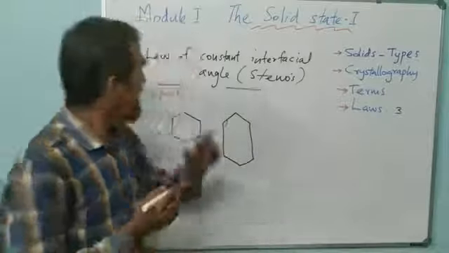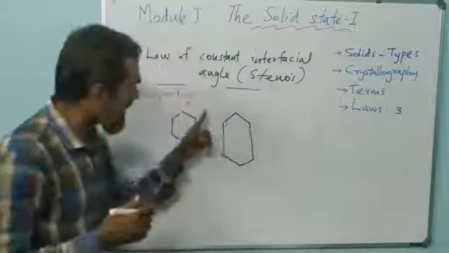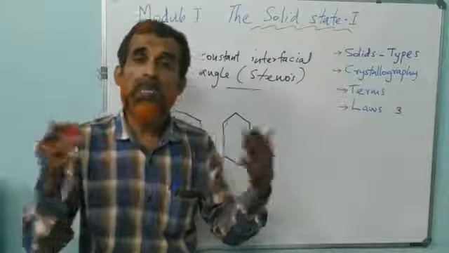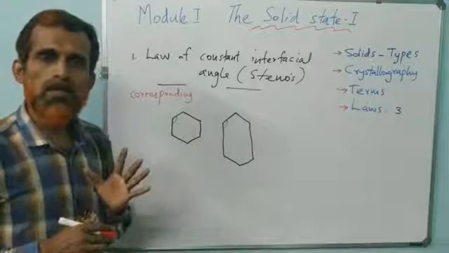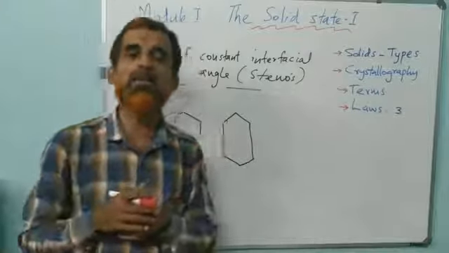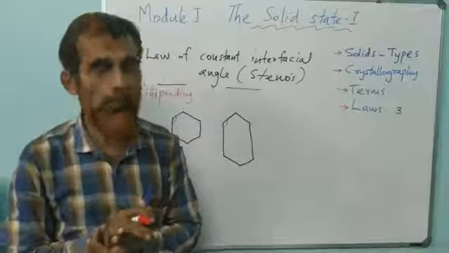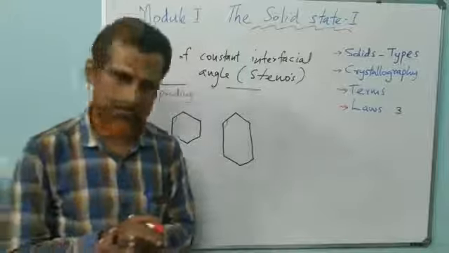So I repeat, Steno's law says that the corresponding interfacial angle of different crystals of the same substance will be a constant. So that is telling you that a substance will maintain its crystalline properties even in different conditions.